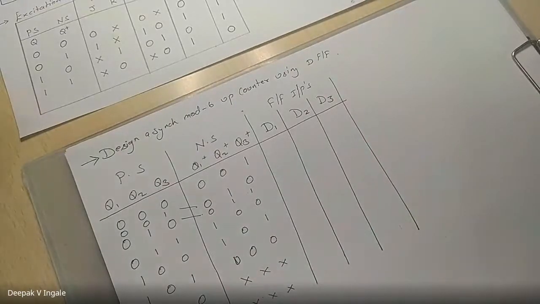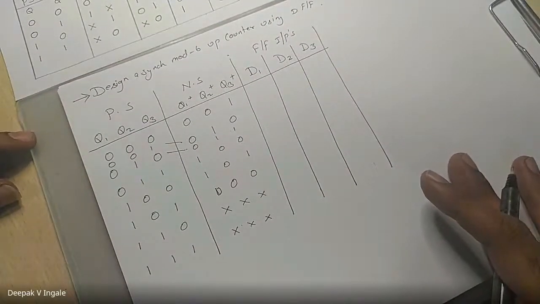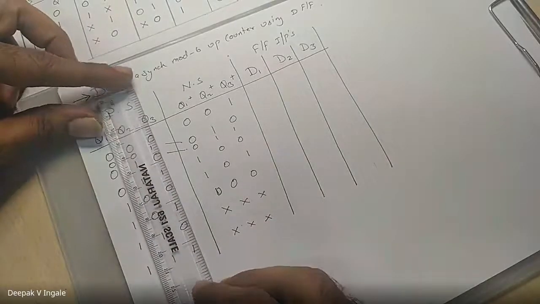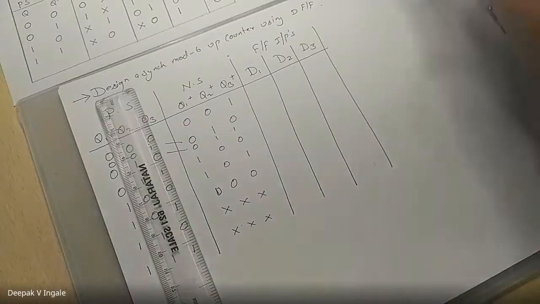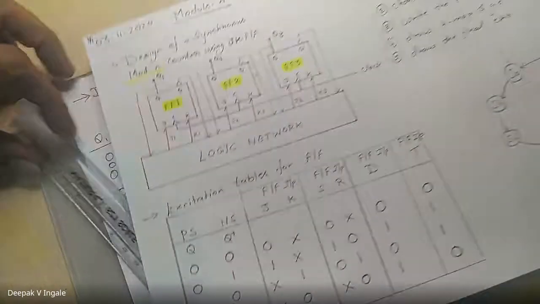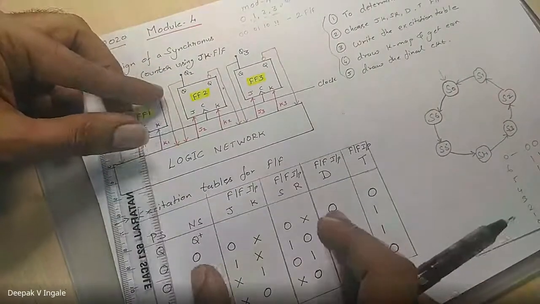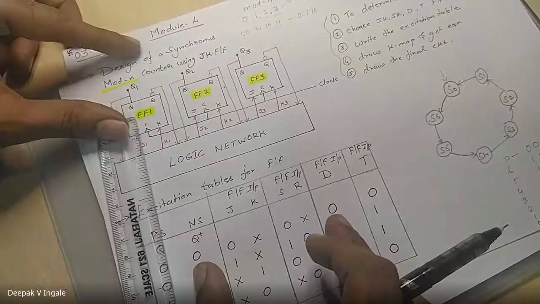See here, one shortcut I will teach you. If it is for D flip-flop, just blindly don't look at present state, only look at next state. Because if you want 0 as your output to the next stage, you have to feed 0.